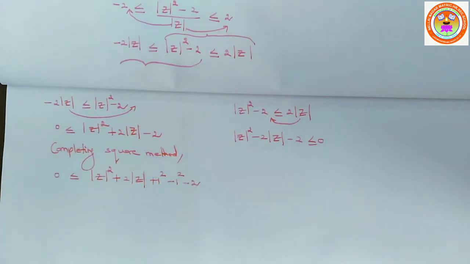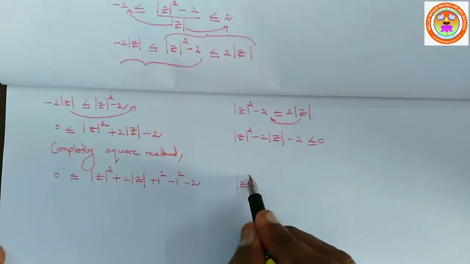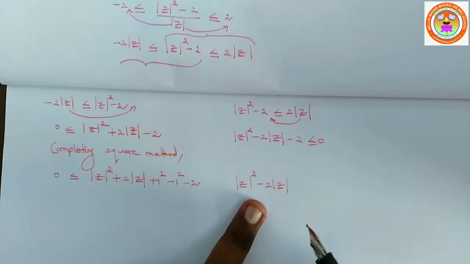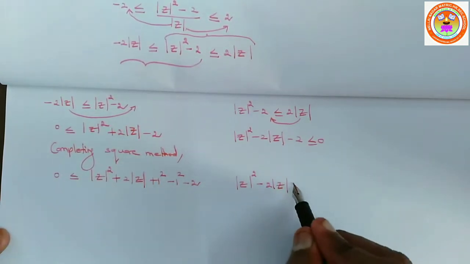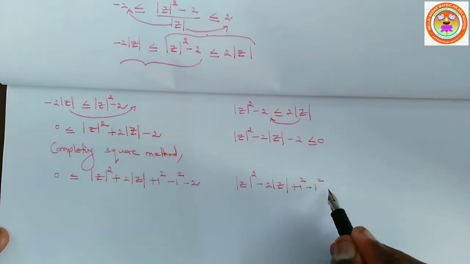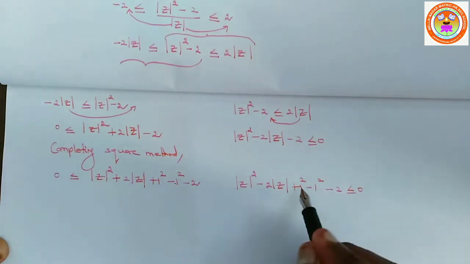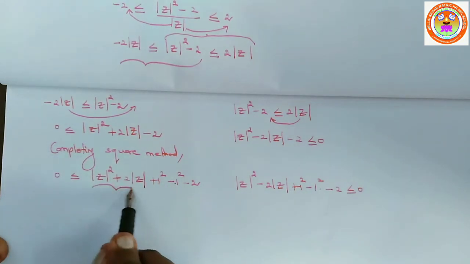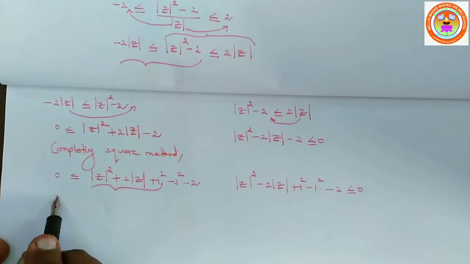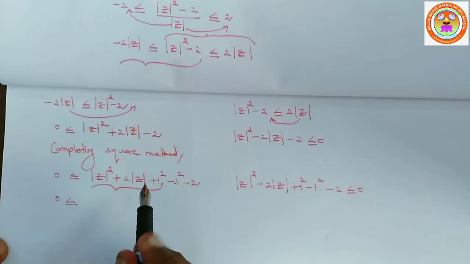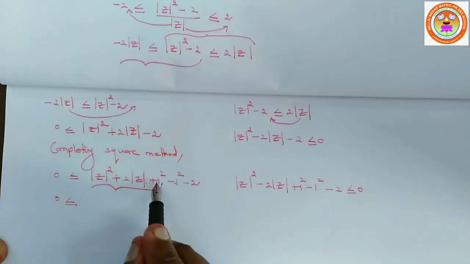The same way, modulus of z square minus 2 modulus z, because minus is present, I can write minus 1 square minus 1 square minus 2, less than or equal to 0. This one I can write as 0 less than or equal to a square plus 2a, I can put 1, no problem, 1 plus b square.